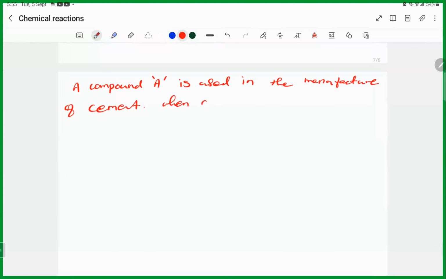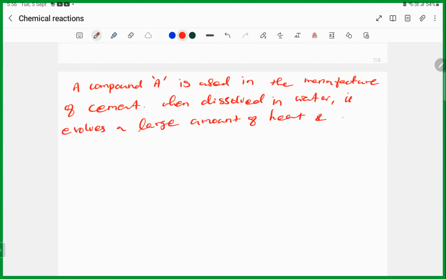When dissolved in water, it evolved a large amount of heat and forms compound B.